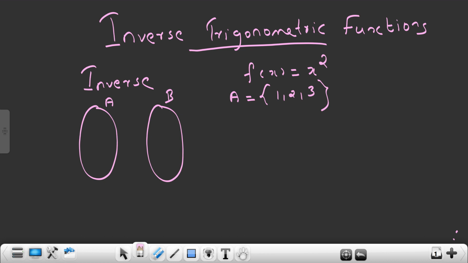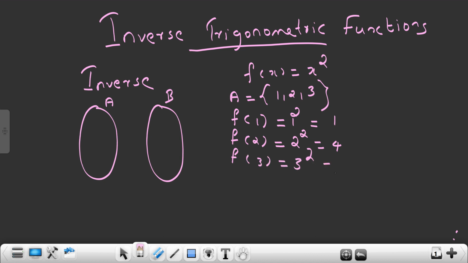If we substitute the value 1, f of x equals x square, therefore f of 1 equals 1 square, which is 1. Then f of 2 equals 2 square. What is 2 square? 4. Then f of 3 equals 3 square. What is 3 square? 9.